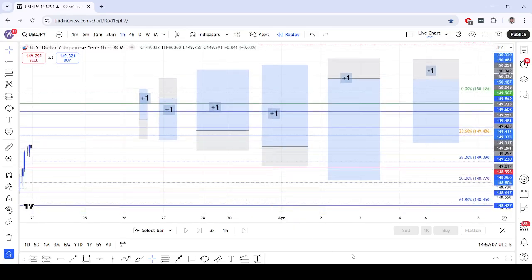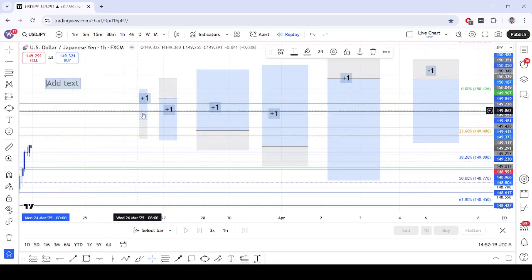I don't think you can see the calculator on your side, but that's fine. I'm gonna just put a text box here.